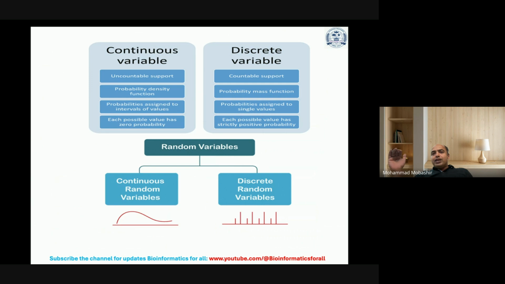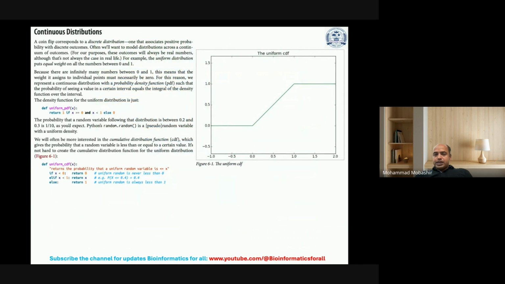Probability is assigned to single values. Another way to say it is each possible value has a strictly positive probability. Now, you can see in terms of figures how the discrete random variables could look like, that is here. Then the continuous variables could look like here. So these are two different variables, continuous and discrete.